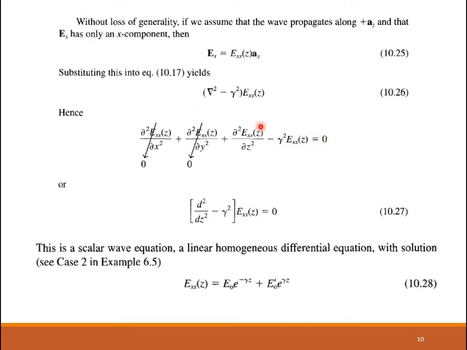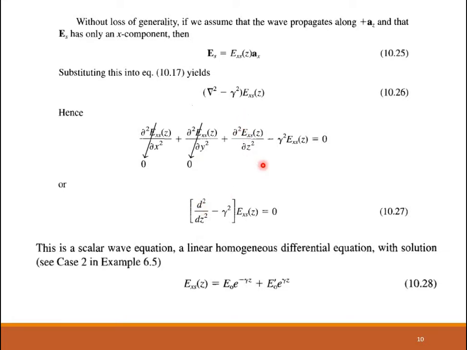See, we know that since your wave is propagating in the Z direction, what does it imply? It implies that there can be a variation of the EXS component only in which direction? Z direction. All the other directions, there is no change. So these terms become 0. Okay. So finally, you're left with this term.